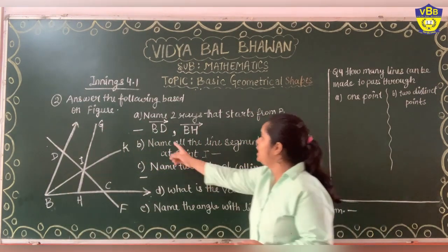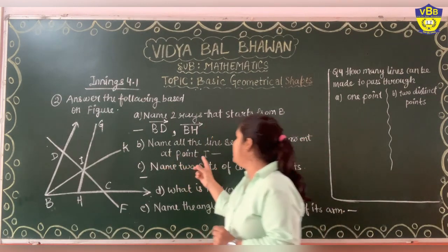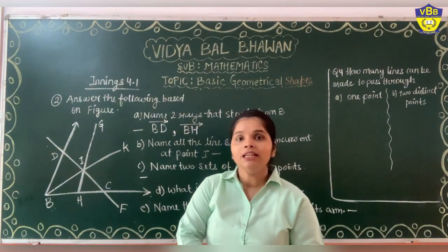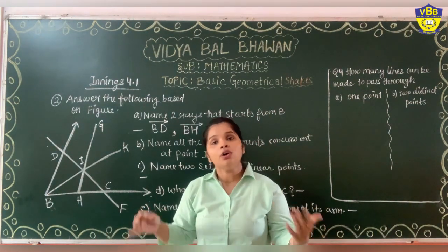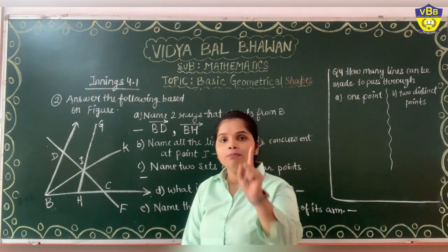B part. Name all the line segments concurrent at point I. Concurrent lines are basically two or more line segments which meet at one point.